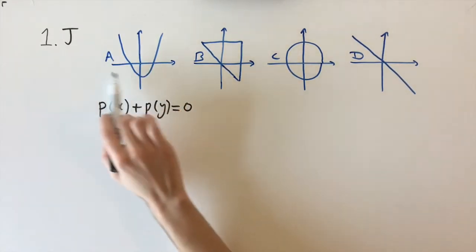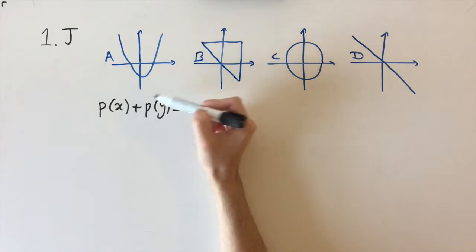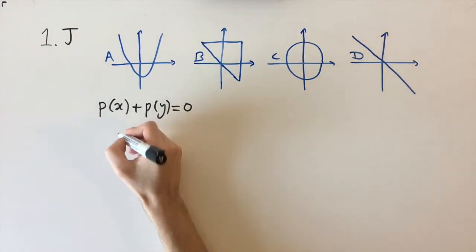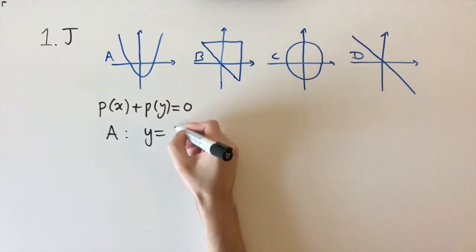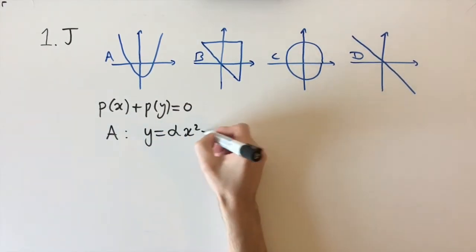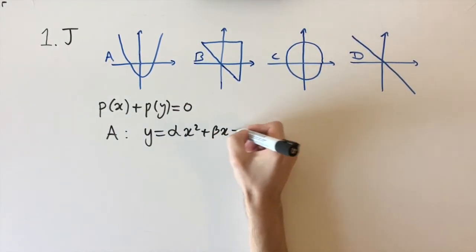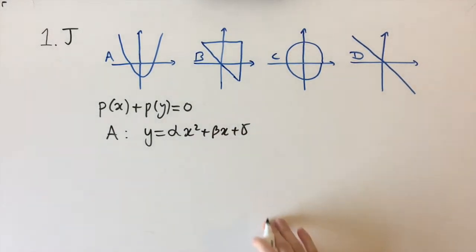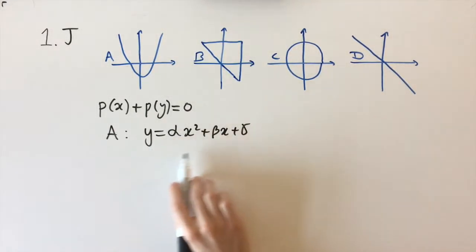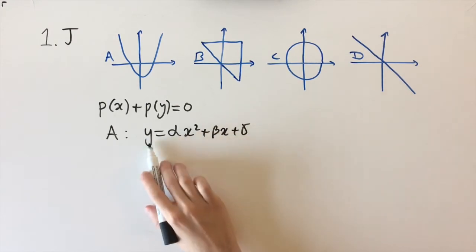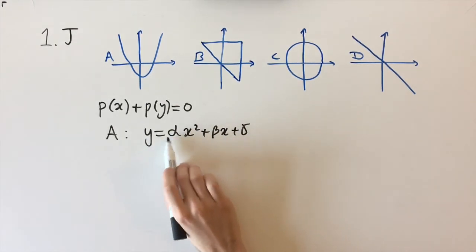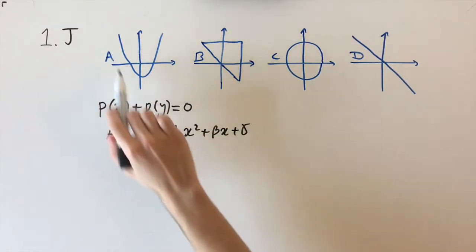So if we consider the first graph, this is a parabola. So for part A, this is going to be of the form y equals alpha x squared plus beta x plus constant gamma, for example. What's really important is that the powers of the 2 variables, x and y, are going to be different. So alpha has to be non-zero to get this shape.